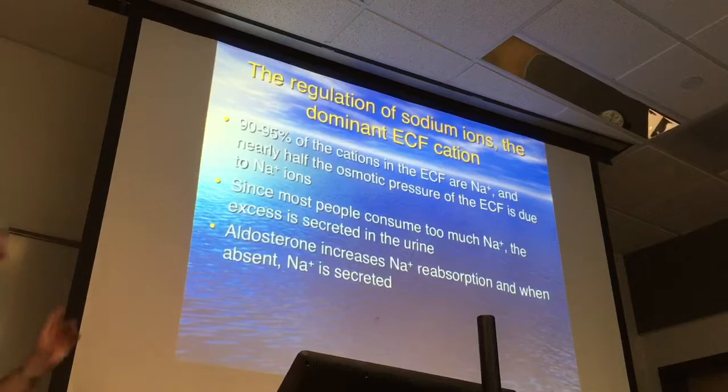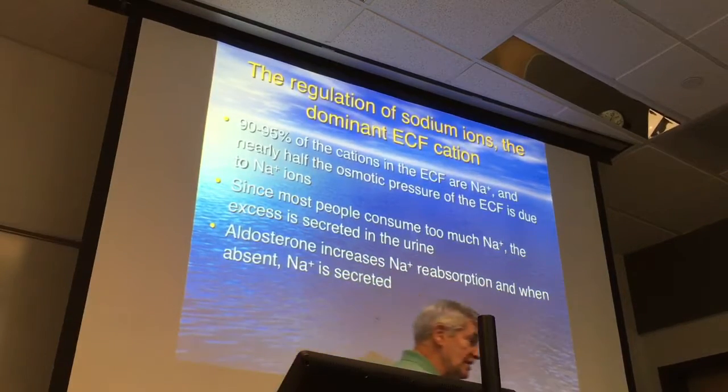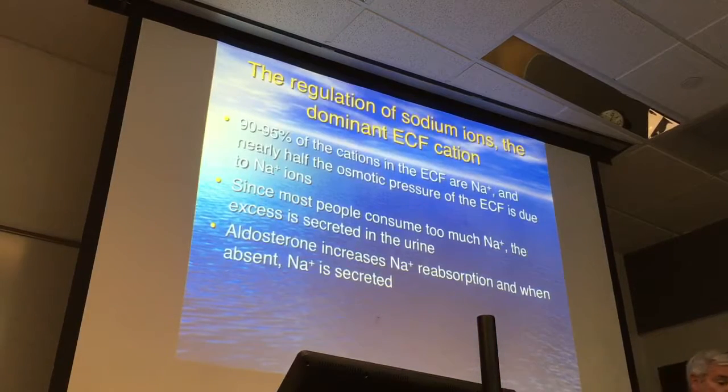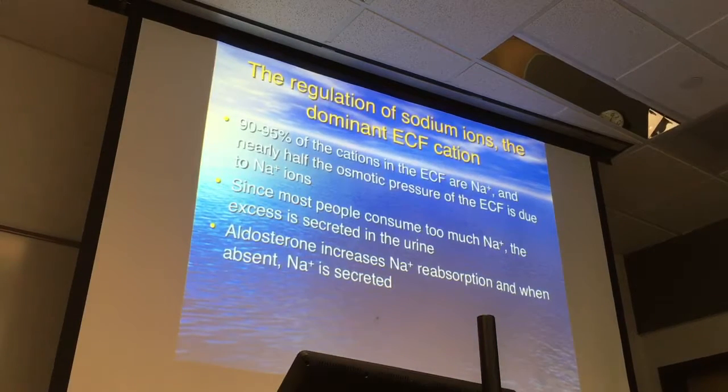That means each one is responsible for nearly half of the osmotic pressure of the ECF. So you can't change the concentration too much without affecting the osmotic concentrations, the osmolarity, and the ability of fluids to flow, by sodium.